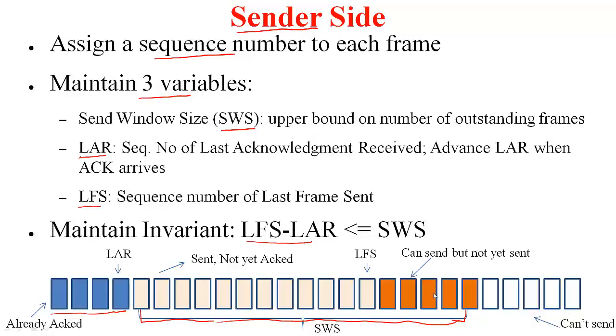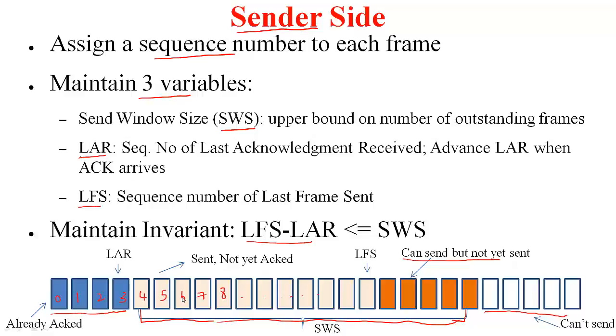You could send these packets, but you didn't. Why would such a situation arise? This could arise when the higher layer did not give you any packets. In other words, you can potentially send, but there are no packets to send. That is what is happening here. Now these packets, even though they are in the buffer, you cannot send because your window size is limited to SWS.